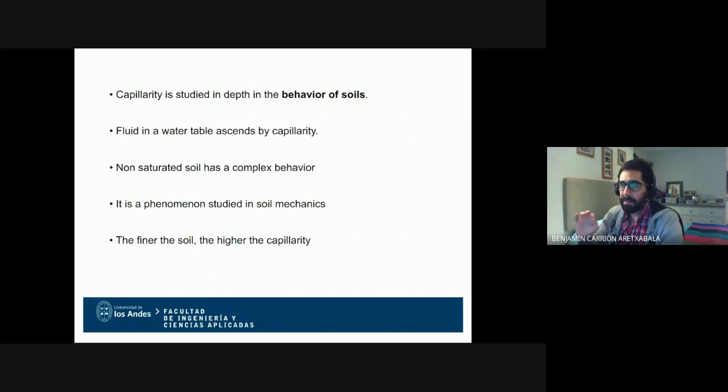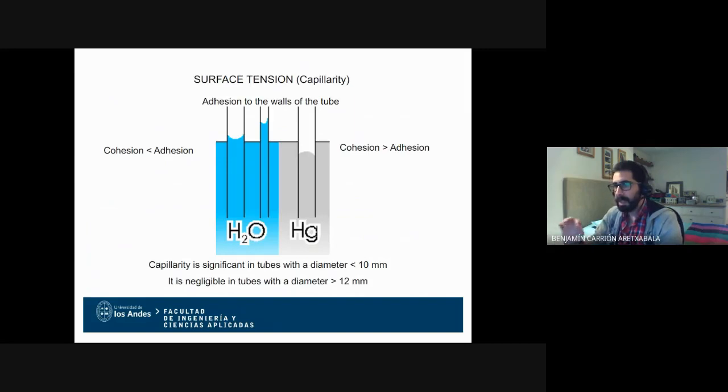Capillarity happens because the tubes where the water moves are so small that surface tension can overpower gravity or the other forces in action.